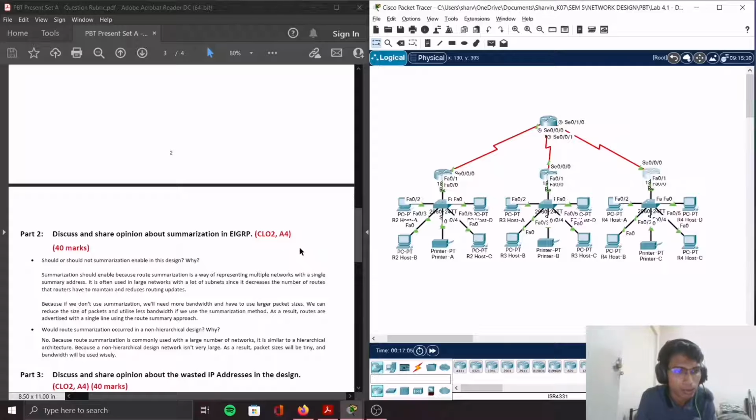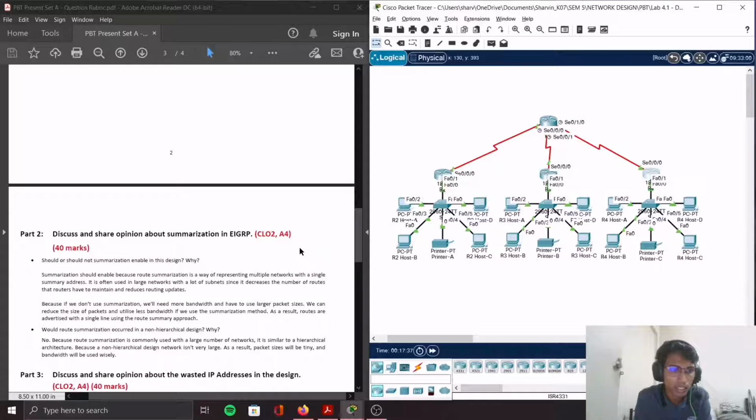The second question is, would route summarization occur in a non-hierarchical design? Why? My opinion is no. Route summarization would not occur in a non-hierarchical design, because route summarization is commonly used with a large number of networks, similar to a hierarchical architecture.